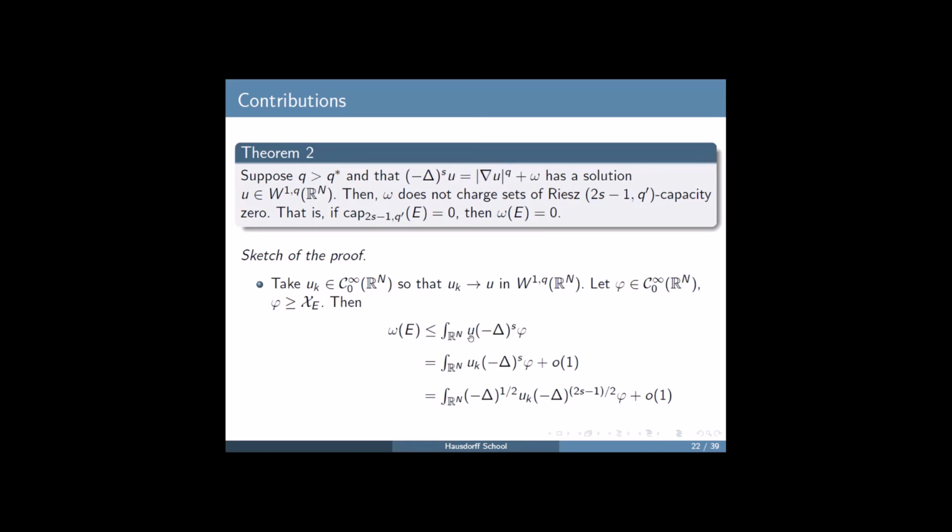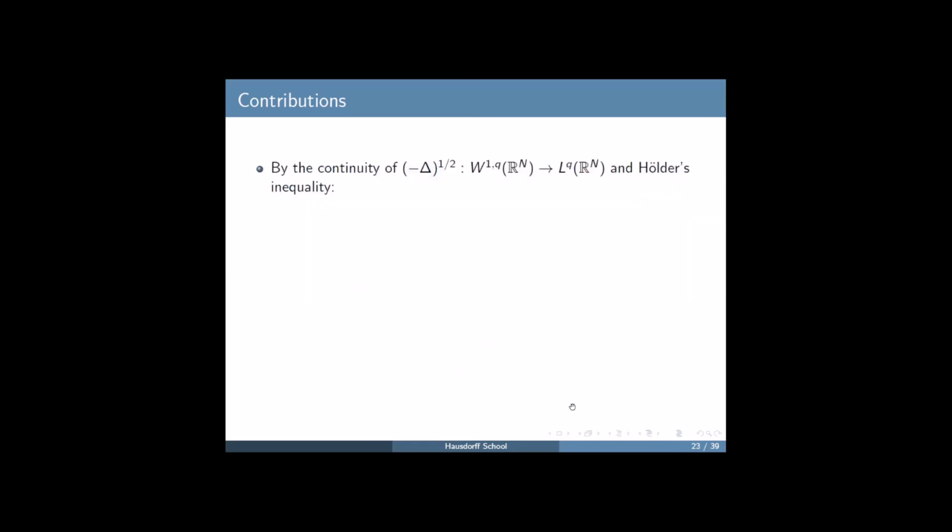So you just have this part over here, and then you can approximate u by these uk, which are compactly supported. Use some relation between the fractional Laplacians, and just perform a Hölder inequality.